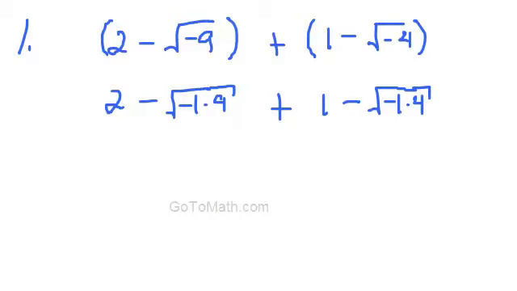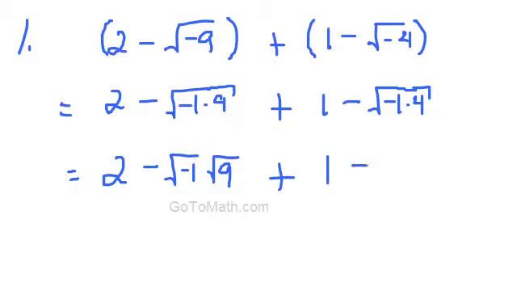Right, we can look at it that way. Equals. So now what we're going to have is 2 minus, and now I'm going to break this up into two separate radicals, the properties of radicals here. And then plus 1 minus the square root of negative 1 times 4.